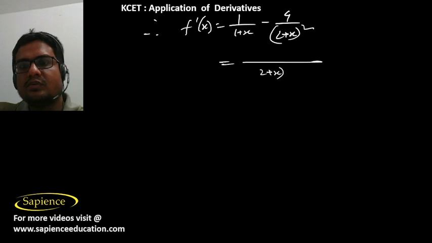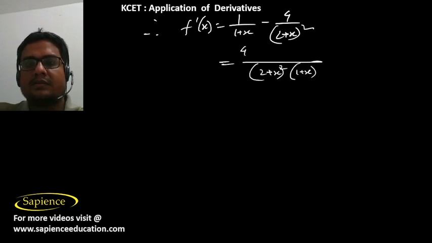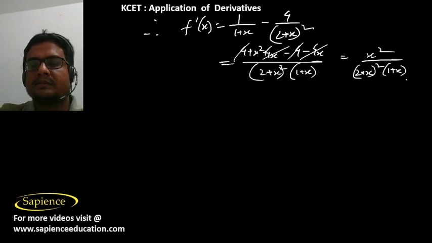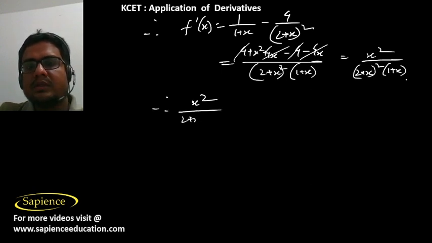So the LCM is (1 plus x)(2 plus x) whole square, which gives x square by (1 plus x)(2 plus x) square.